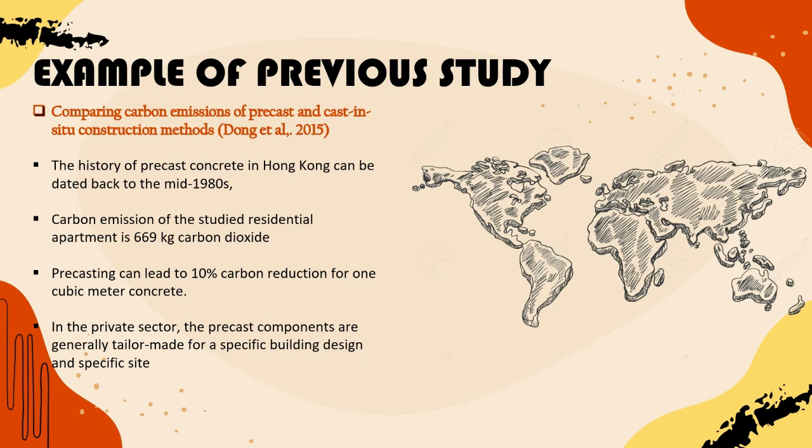Over the years, precast concrete has become more prevalent in terms of precasting percentage and the types of precast elements, while it has only been introduced to the private sector in the last decade. Based on the research findings, it is highly recommended to adopt precast concrete in building construction. The building industry should consider carbon reduction as a benefit of implementing precast concrete.